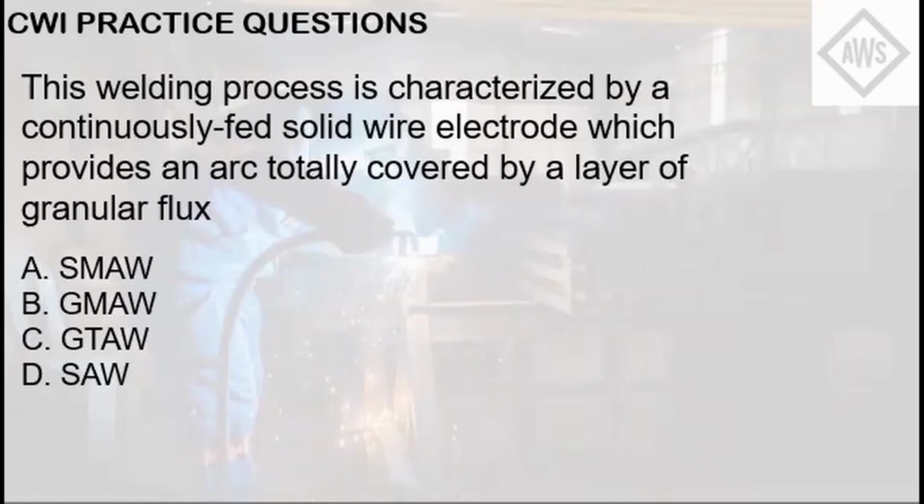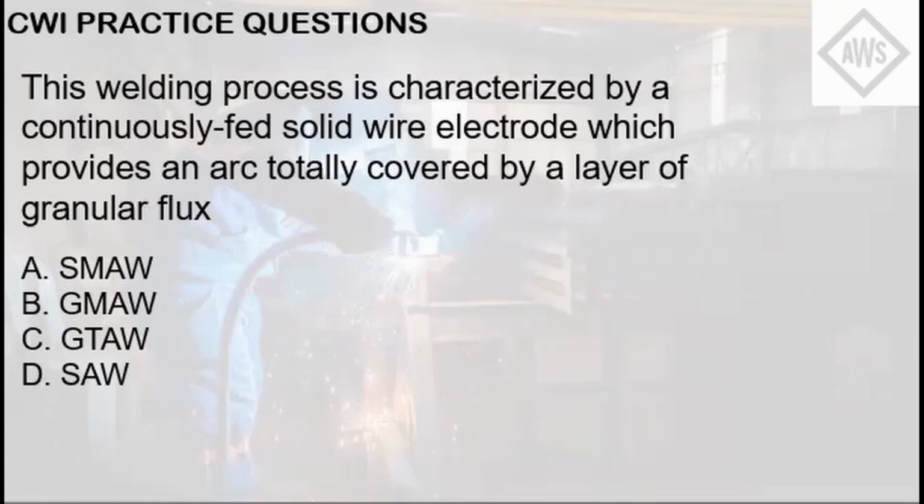GMAW, while it has a continuously fed solid wire, doesn't have a granular flux. Letter C, GTAW, does not have a continuously fed solid wire. It has a tungsten electrode with filler metals that you have to fuse to the base metal. So letter D, SAW or submerged arc welding, the term is submerged because the arc is submerged in a layer of granular flux, and it is a continuously fed solid wire electrode through that machine.